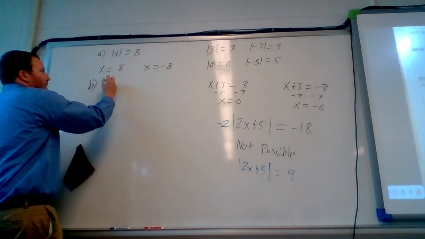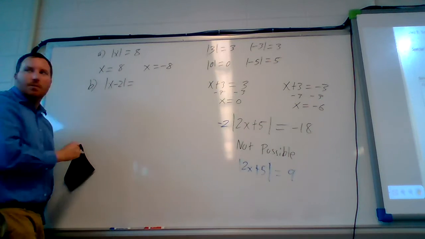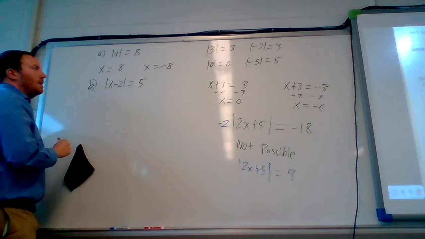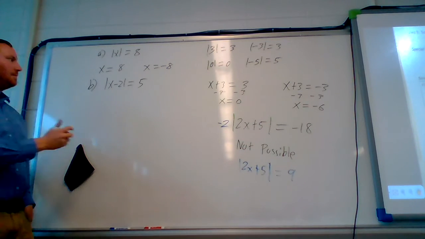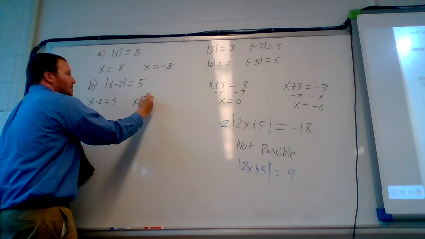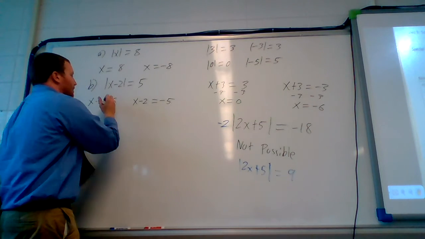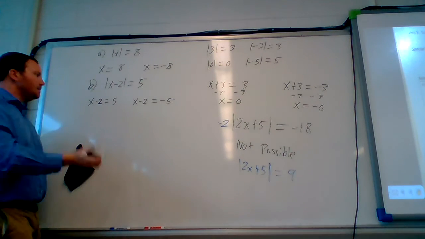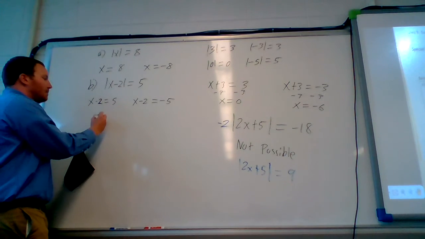B. We've got the absolute value of x minus 2 equals 5. So again, we have our absolute value isolated. So we say x minus 2 equals 5, and x minus 2 equals negative 5. So we solve for x. Add 2 over, we're going to get x equals 7.